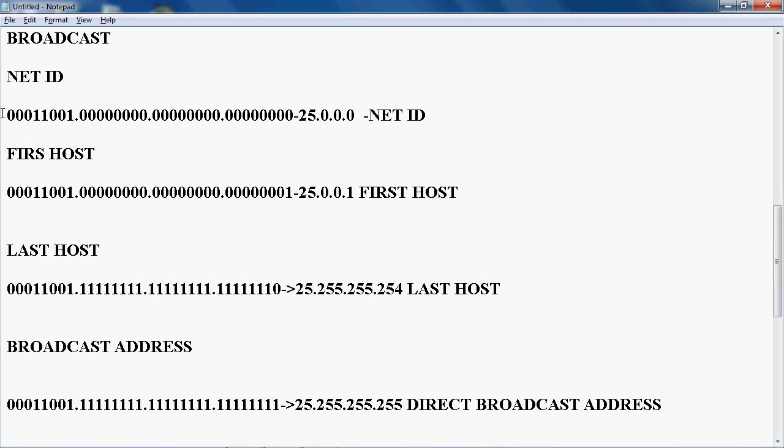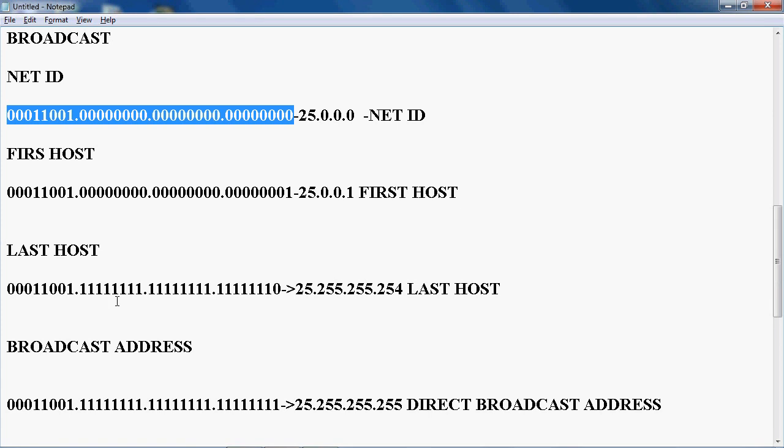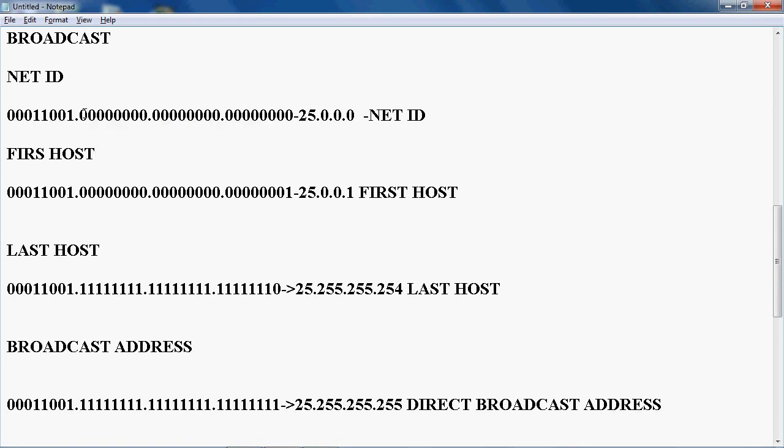Next one, what is the last valid IP address of my office network? Again you have to copy this net ID binary format and paste it here. In that, the last 24 bits are the host ID. You leave the last bit of the host ID as it is, and change the remaining 23 bits into 1.